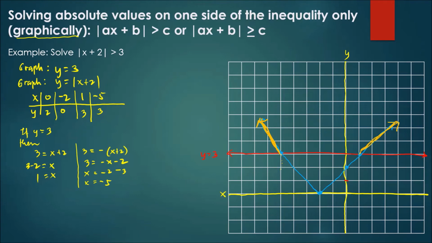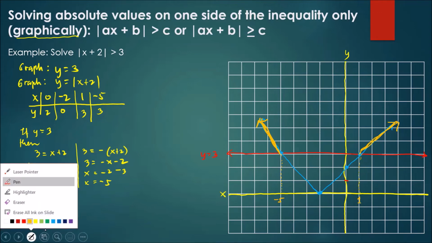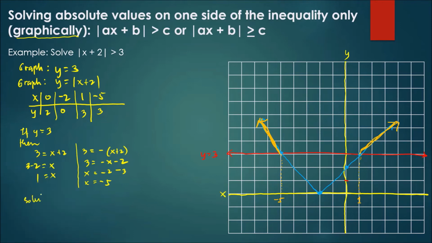Okay, and we know that the value of x here is negative 5, and the value of x here is 1. So therefore, our solution set would be the values of x at this part of the line, take note, this is negative 6, negative 7, so that is x is less than negative 5, or the values of x here at this part, these are 2, 3, 4, so that would be x is greater than 1.